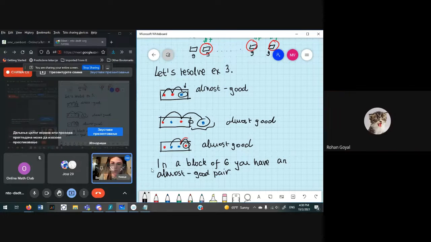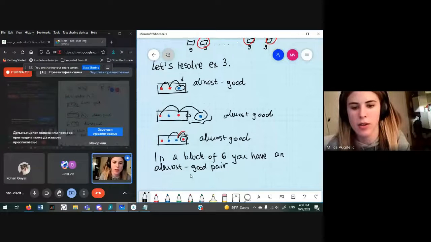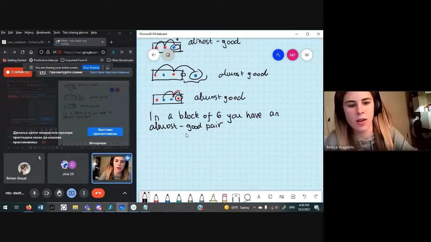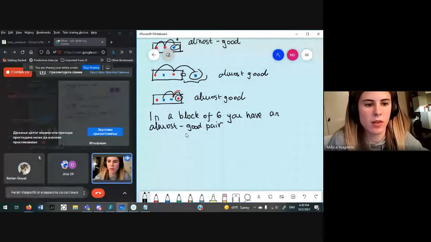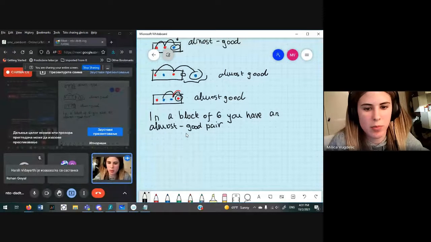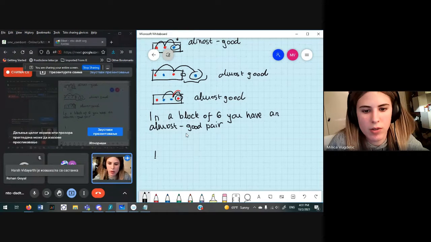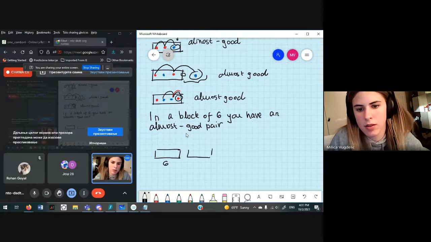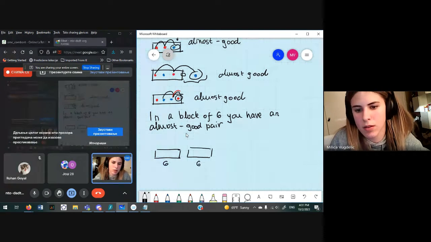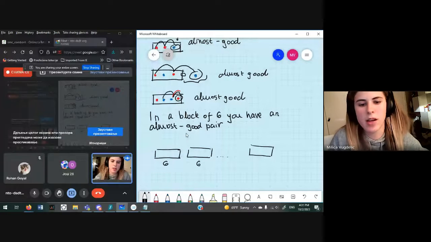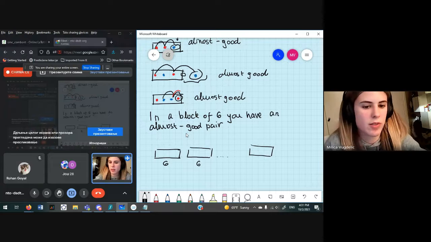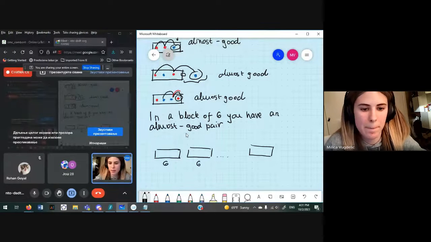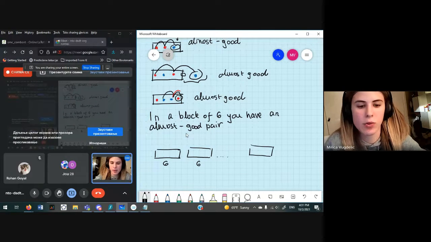Yeah, it sounds good. Okay, and then we want to do the same thing somebody proposed. We want to look at our blocks of 6. And I'm asking how many different blocks of 6 are there in 2 colors?